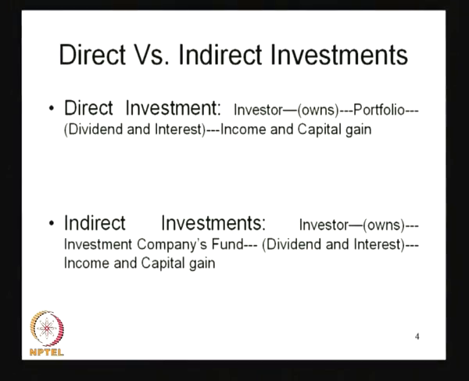Another categorization we have made in this context is direct versus indirect investments. What is direct investment? For example, you are an investor and you want to invest in the market.